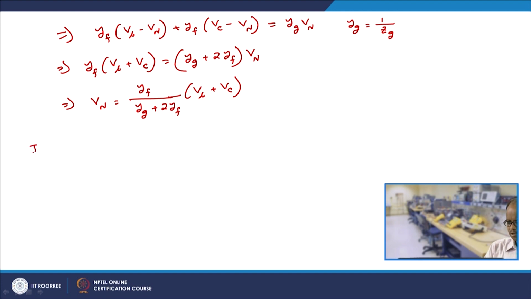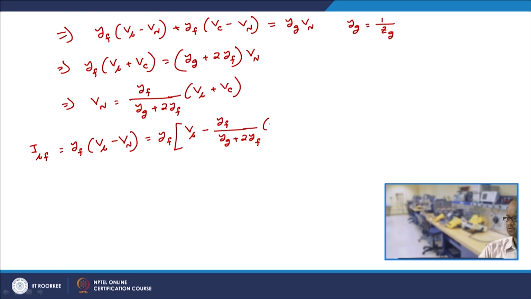So IBF is equal to Yf into (Vb minus Vn), which is Yf into Vb minus Yf by (Yg plus 2Yf) into (Vb plus Vc).